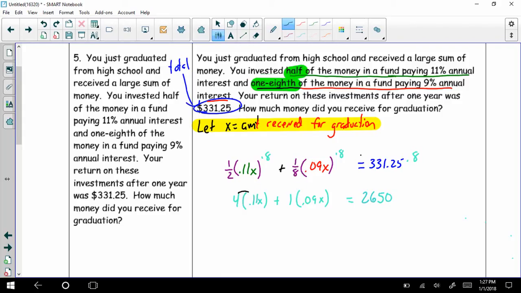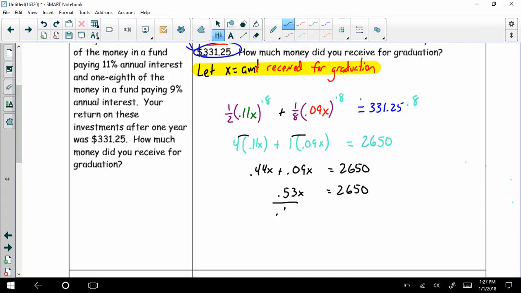Distributing that 4 through and that 1 through, if you need to do that, this becomes 0.44x plus 0.09x equals 2650. Combining like terms, that's 0.53x equals 2650. And dividing by 0.53, dividing by 0.53, x equals 5,000.